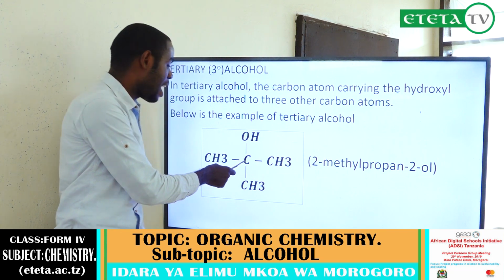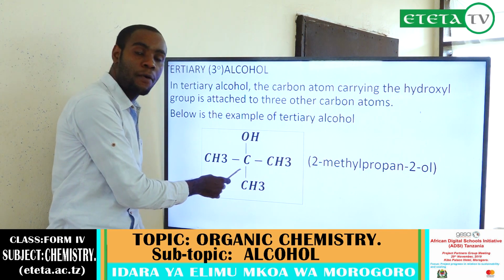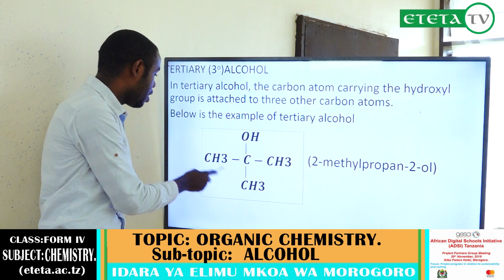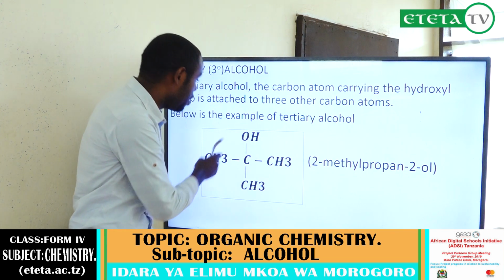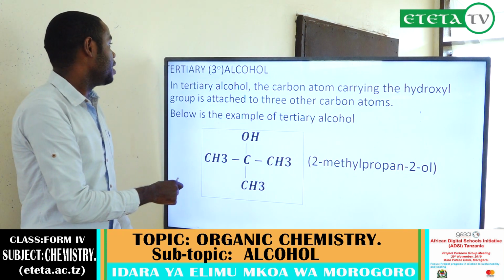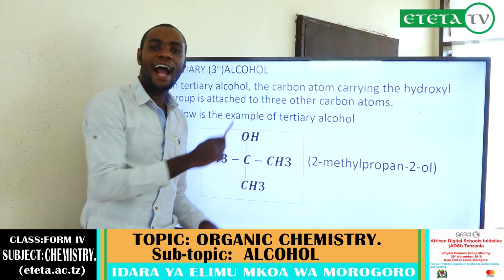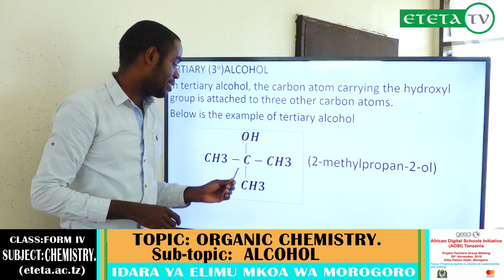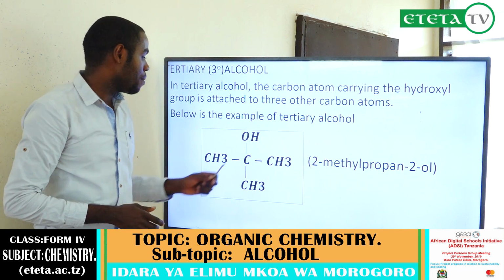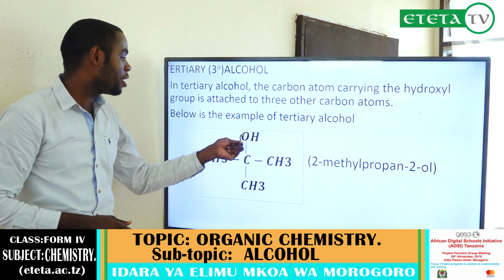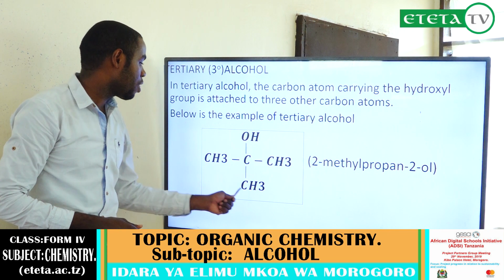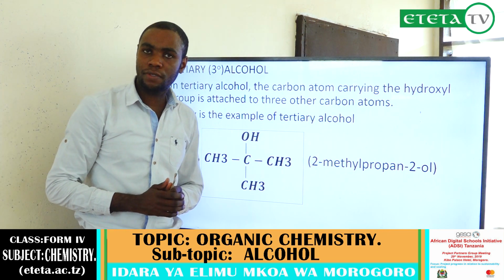As you look at this carbon here, it is attached to 3 other carbon atoms. It is attached to this one, and this one. So this compound is called tertiary alcohol. It is an example of tertiary alcohol because the carbon which carries the OH group is attached to 3 other carbon atoms.